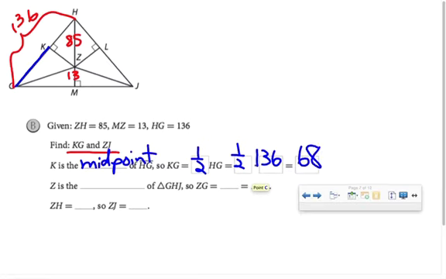Z is the circumcenter of triangle GHJ. So that means that ZG equals ZH equals ZJ. I know that ZH is 85. So that means that ZJ is also 85.